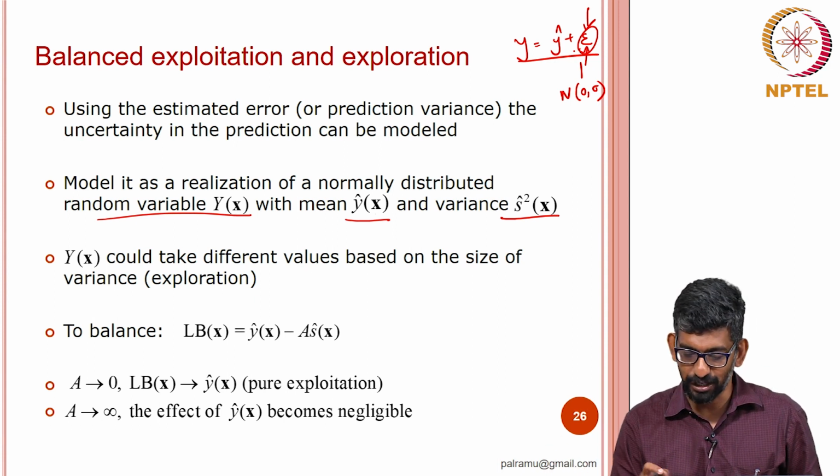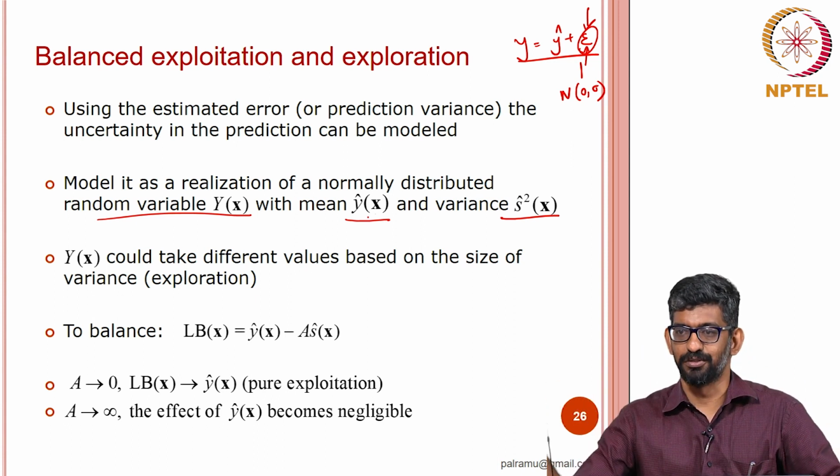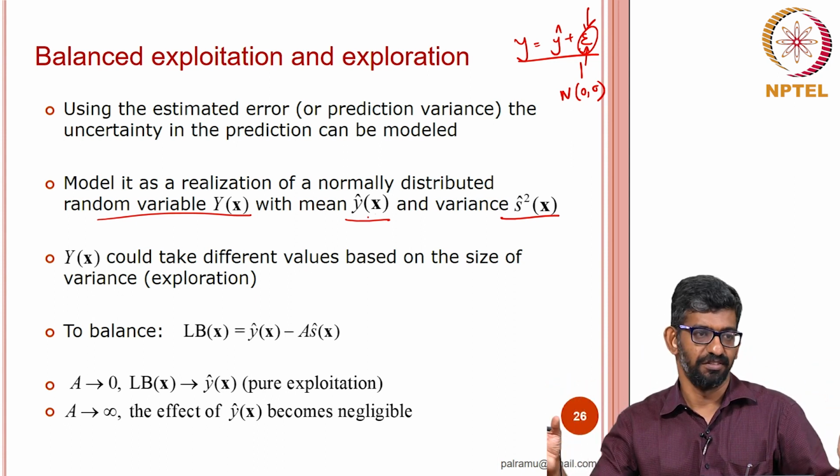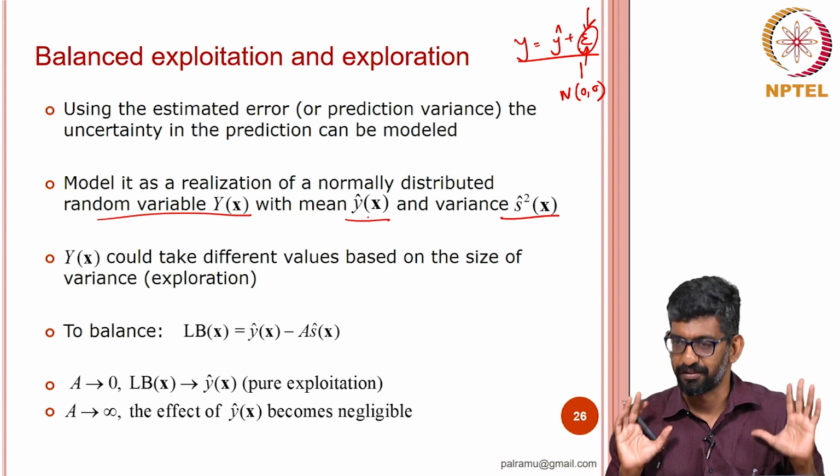Because we are talking about errors, we are assuming that the error is normally distributed. I know the mean and the standard deviation, only two parameters are required for me to describe a Gaussian distribution. So, I have that.